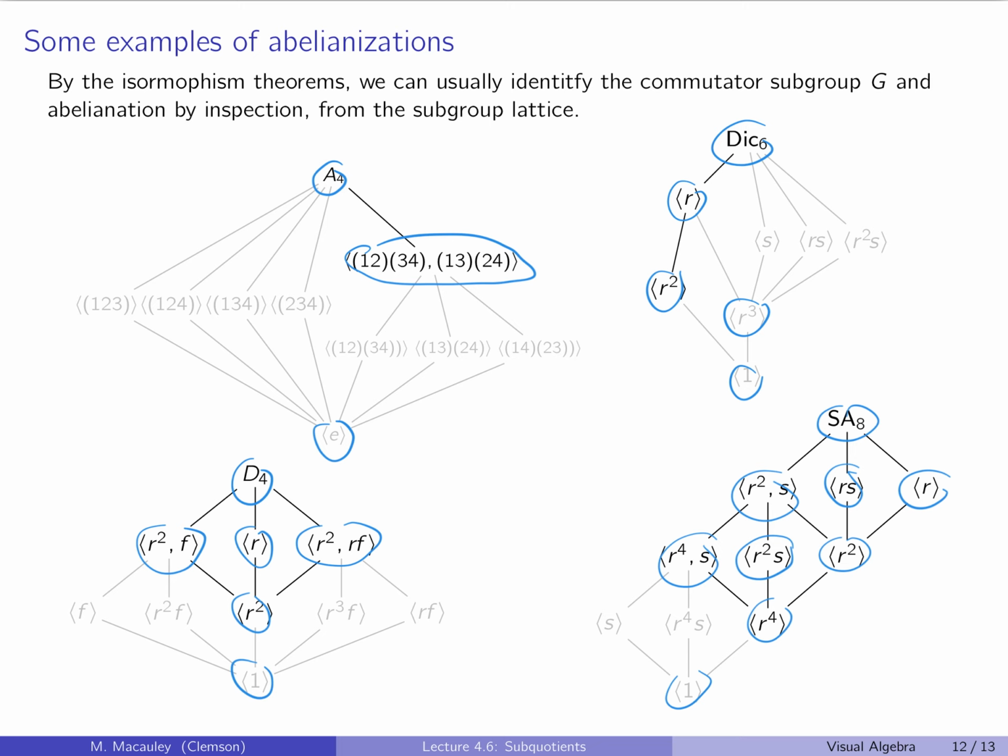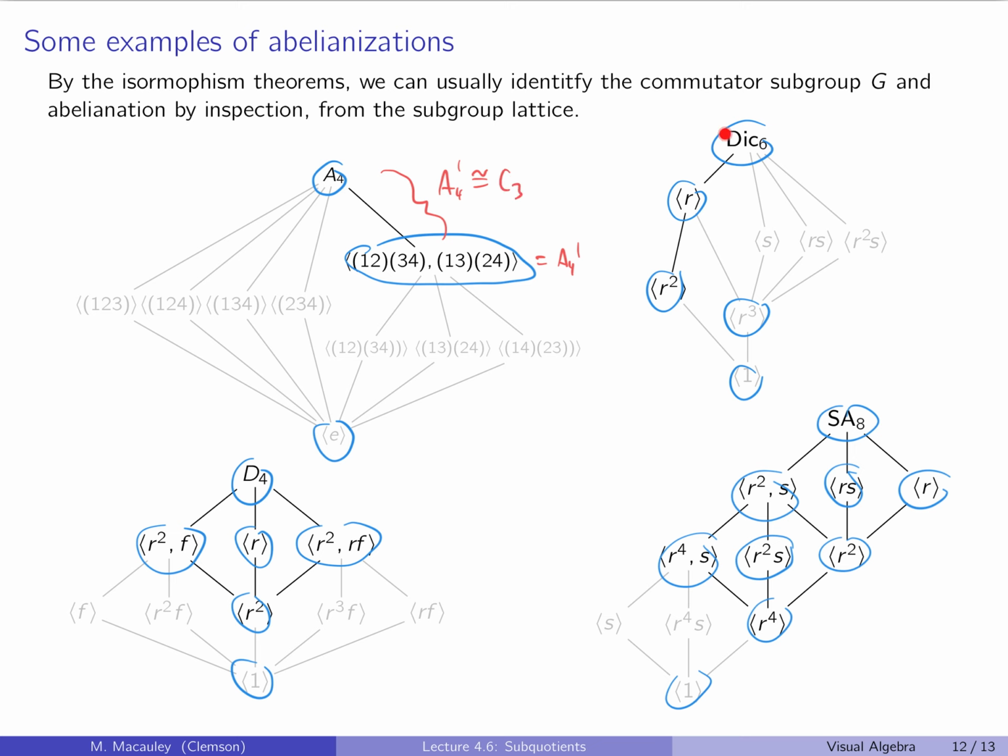So let's start with A4. If you quotient out by this, you get A4, that's non-abelian. So the smallest thing that gives you an abelian quotient is this one right here. And the abelianization, A4 prime, is isomorphic to C3.